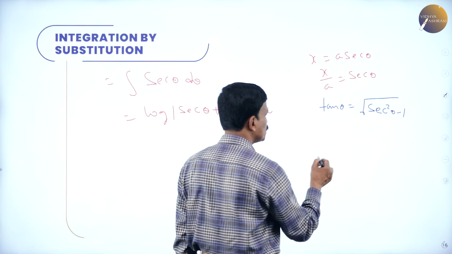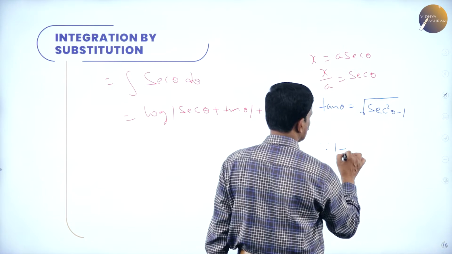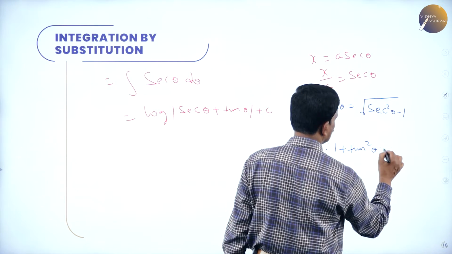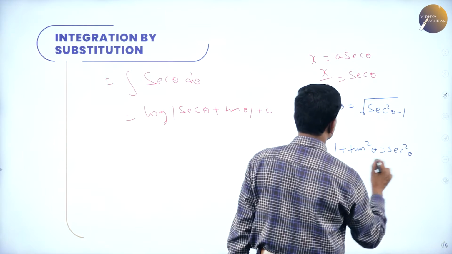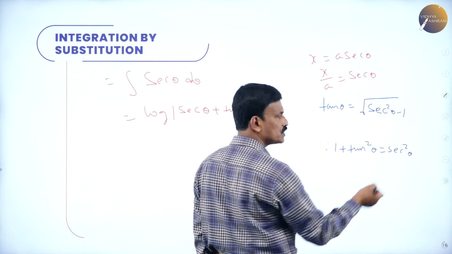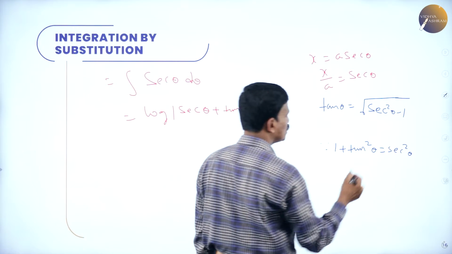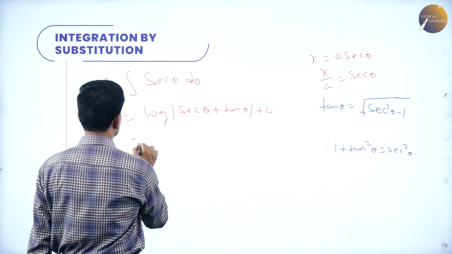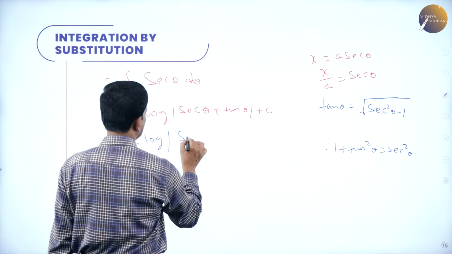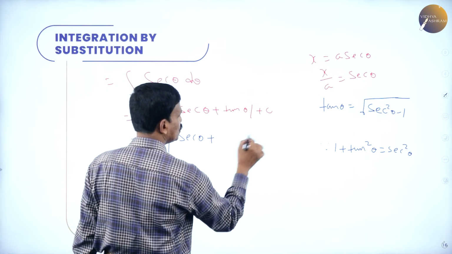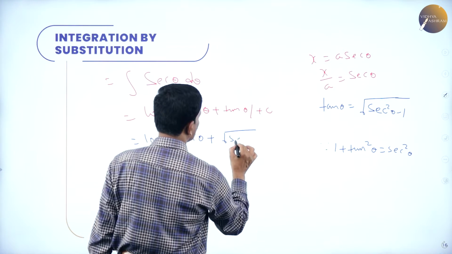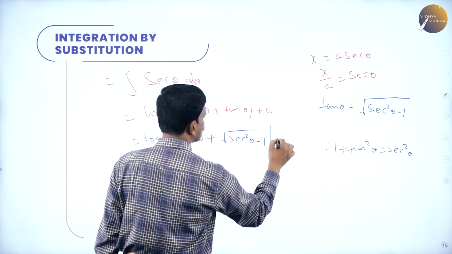Since we know the relation, what is the relation? 1 plus tan square theta is equal to secant square theta. So tan square theta is equal to secant square theta minus 1, or tan theta is equal to root of secant square theta minus 1. Substitute here. This is log of mod secant theta plus root of secant square theta minus 1, plus c.